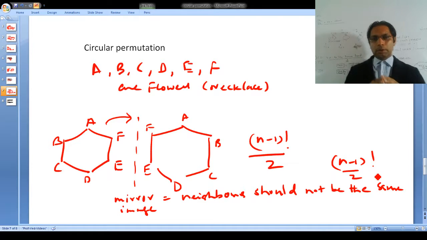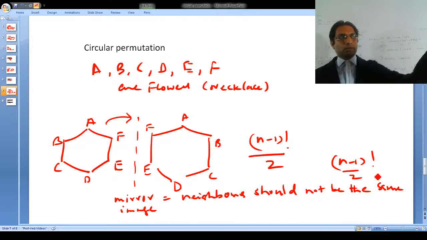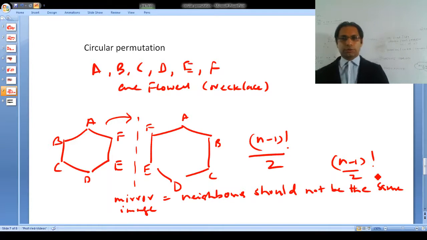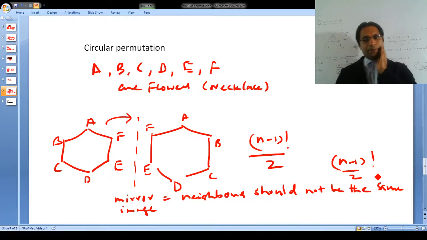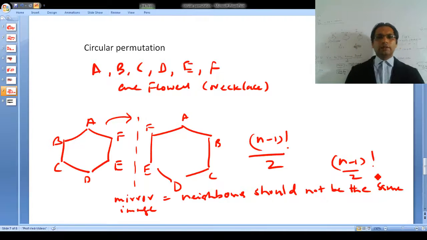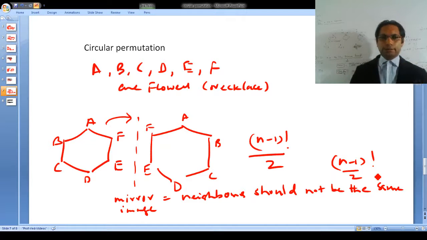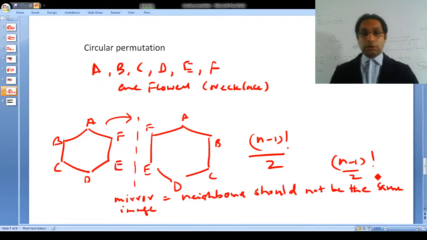If you remember these two things, n minus 1 factorial and n minus 1 factorial by 2, we are done with circular permutation. We will solve some problems with restrictions as well, but if you just remember these two things, we are done. You don't need to remember anything else. Okay, so that was circular permutation.